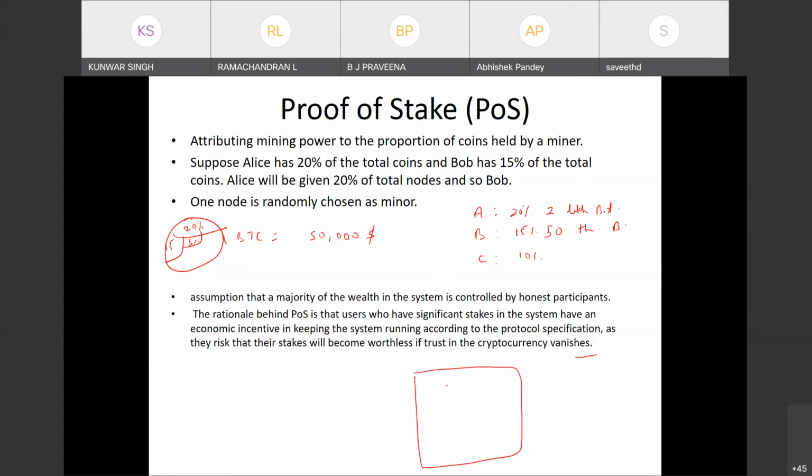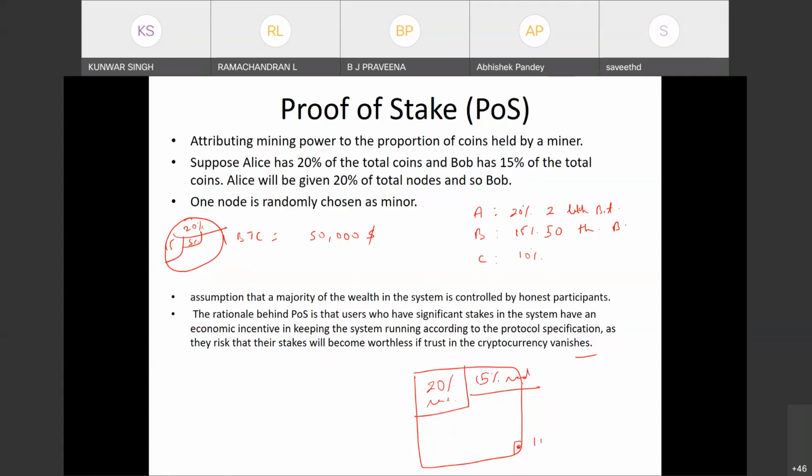Say one person has 20%, so 20% of the random numbers belong to them. Another has 15%, so 15% of the random numbers. I have only 1%, so 1% of the random numbers.